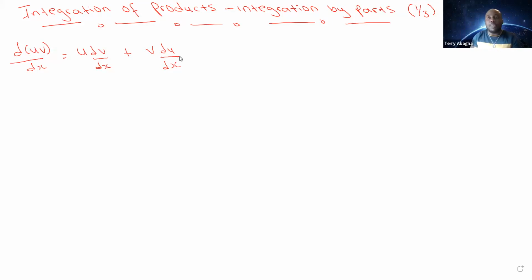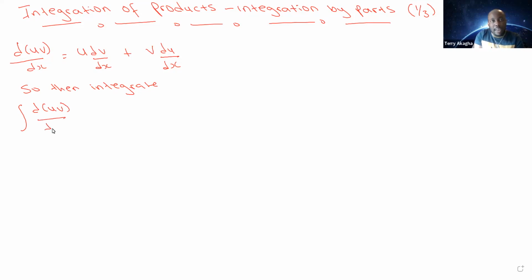Good. Now, if you're integrating a product, it's still the same thing, but you're going to reverse this time. So we're going to integrate the formula we had then.